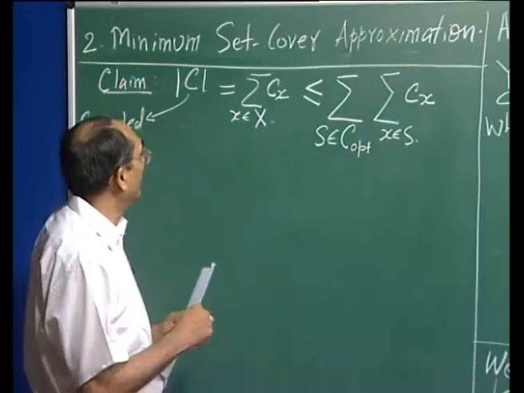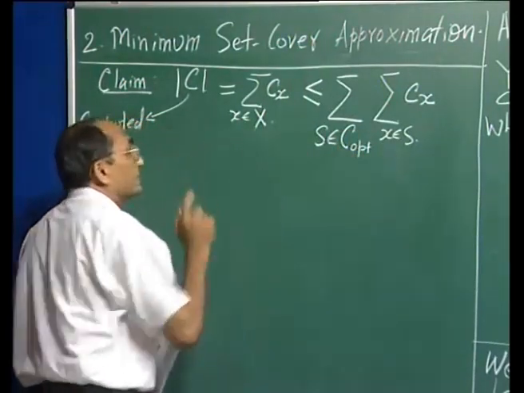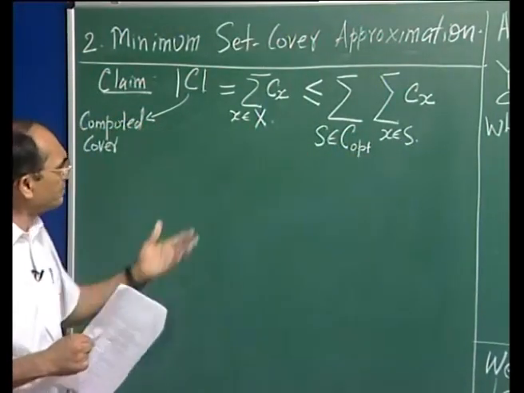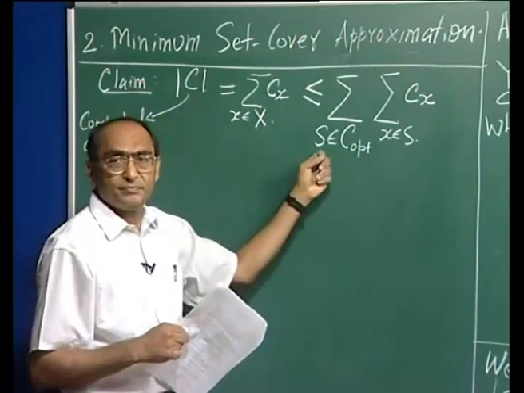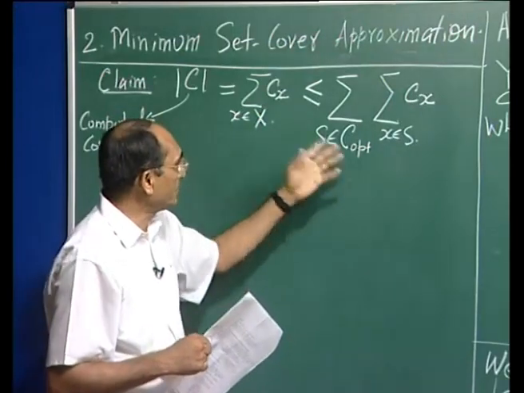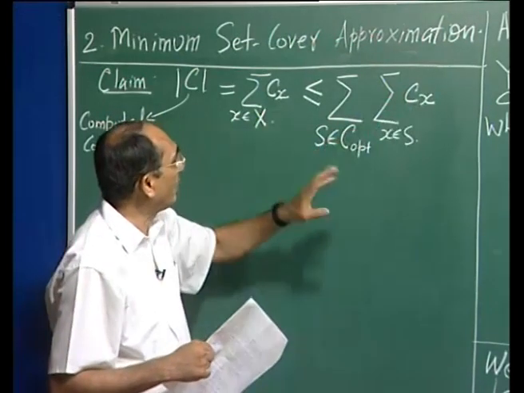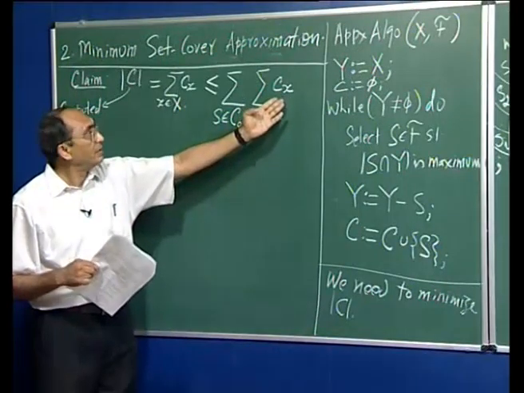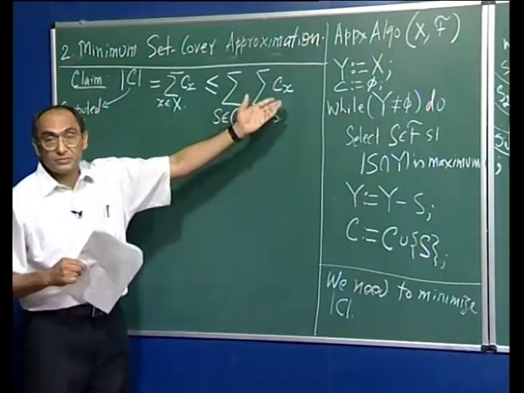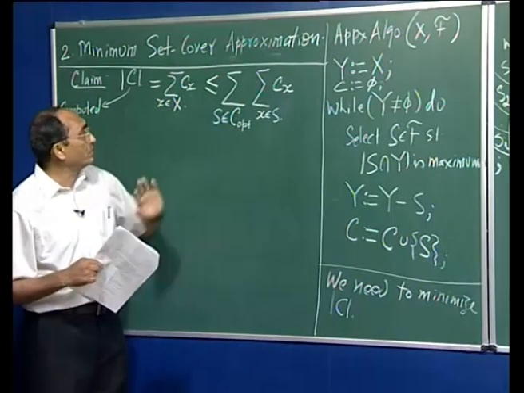That may happen, and hence this is an upper bound to this. Some elements of X might be present in more than one set. So, that will be covered more than once. All the costs are non-negative, in fact all the costs are positive. So, this is going to exceed this.